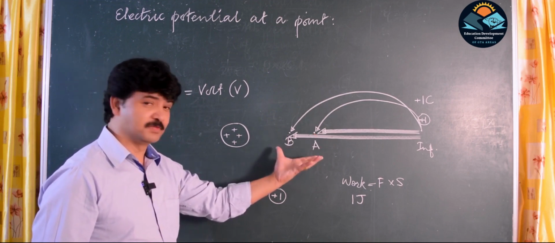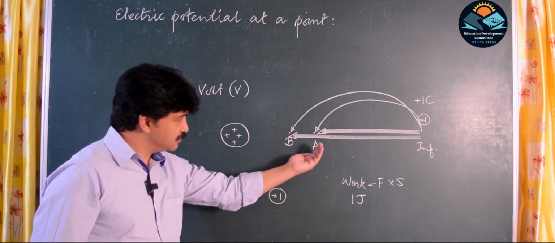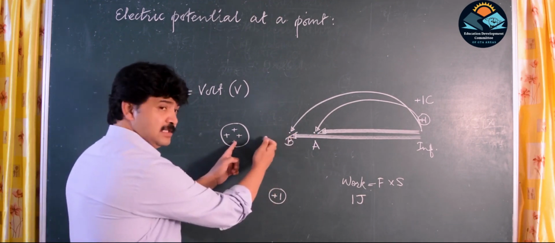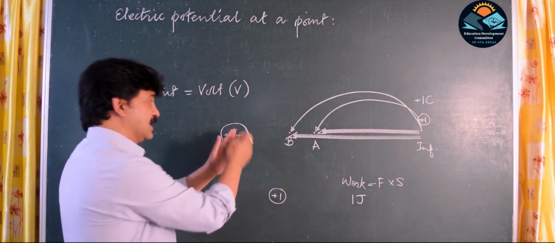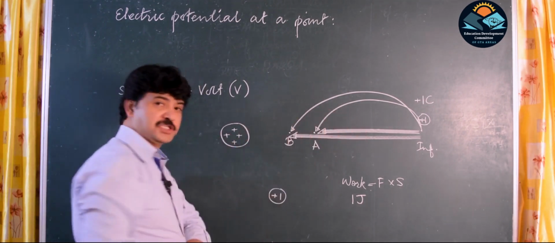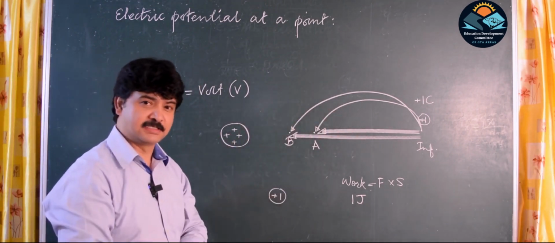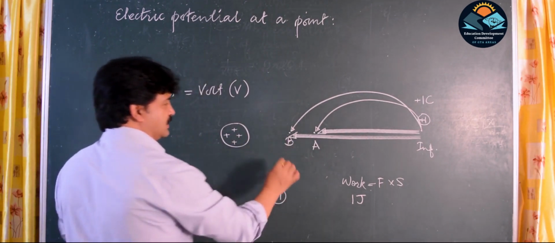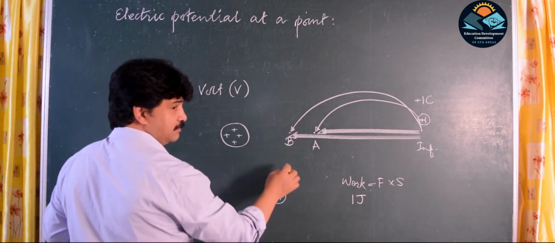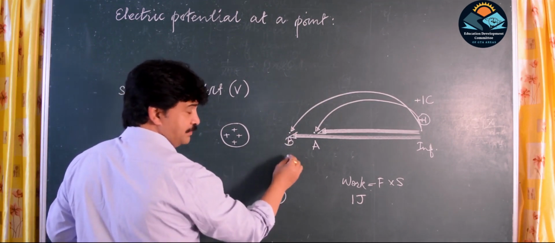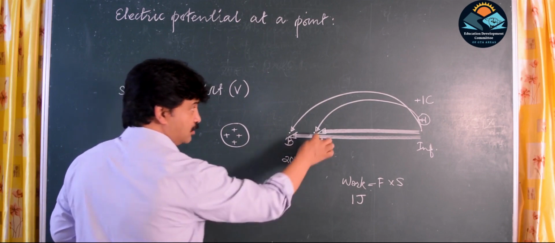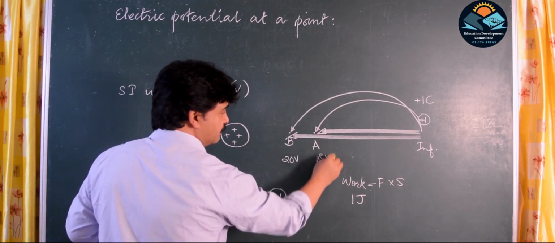So, what do you understand from this? As we move closer and closer to a charged body, the potential increases, and as we move away, the potential decreases. Alright? Now, just to understand, let's give the potential some values. Let's say the potential here is 20 volt and the potential here is 18 volt.